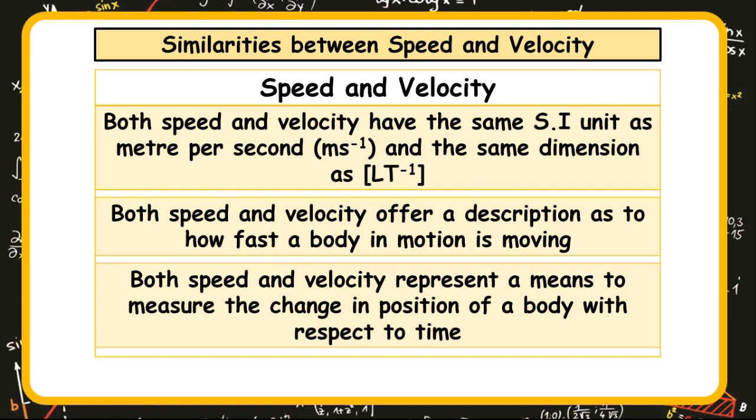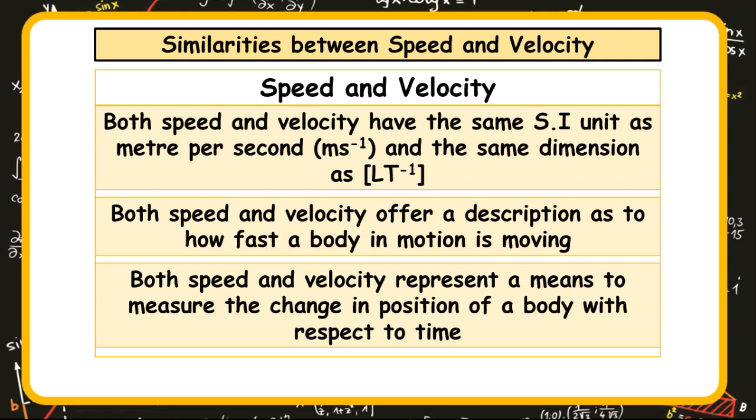So speed describes the fastness of a body in motion. And the last is both speed and velocity represent a means to measure the change in position of a body with respect to time. So both look at position changing with respect to time. So that is the two for you.